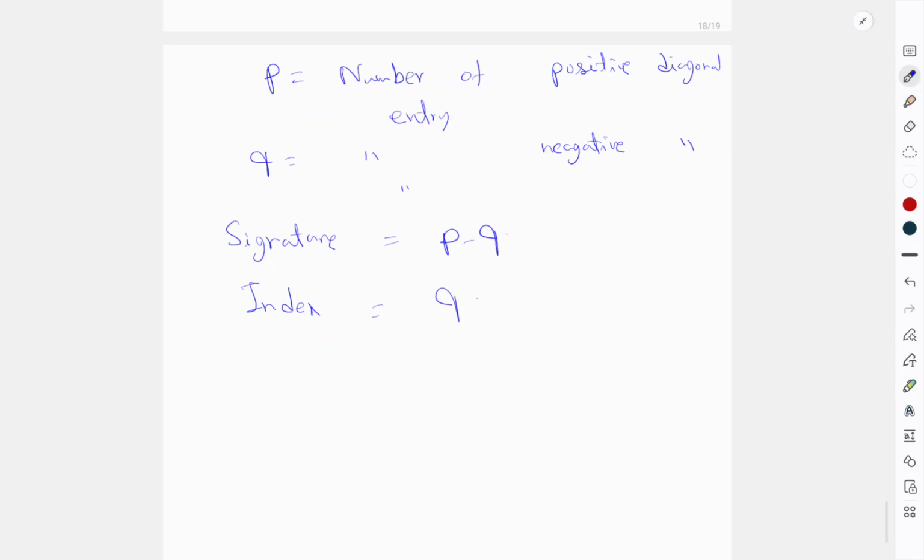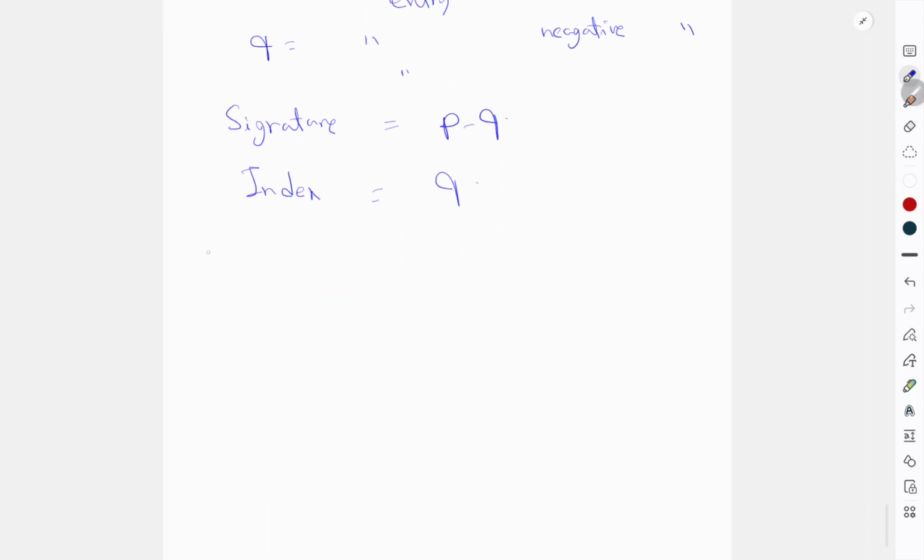So this type of thing is there. For example, suppose you have a matrix A, and A is congruent to a diagonal matrix with entries 1 1 minus 1 minus 1 minus 1 0, and all other elements are 0.